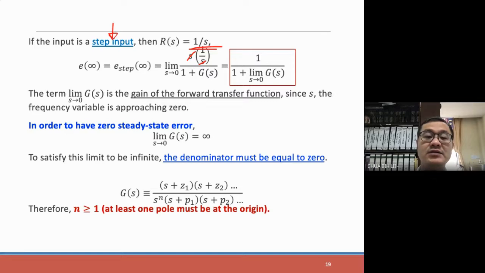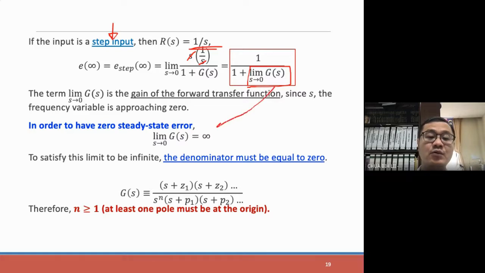So here the main part would be this. The term limit G(s) is the gain of the forward transfer function. This is the one we had previously. Due to that, we only look at this.